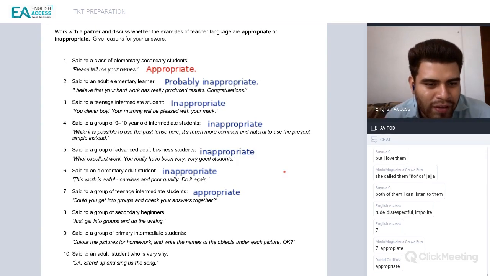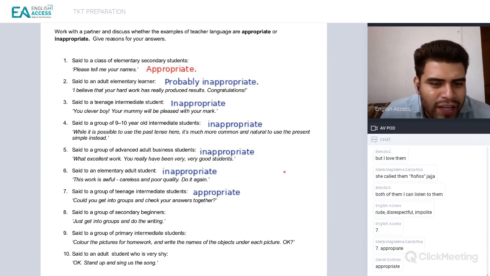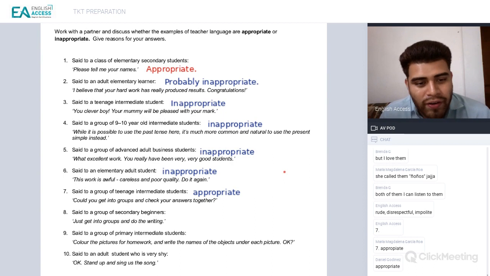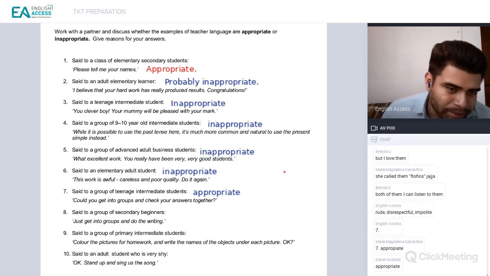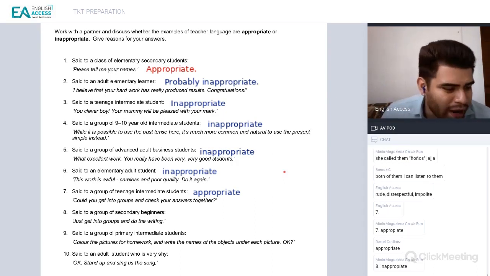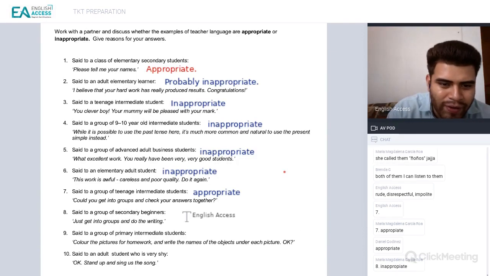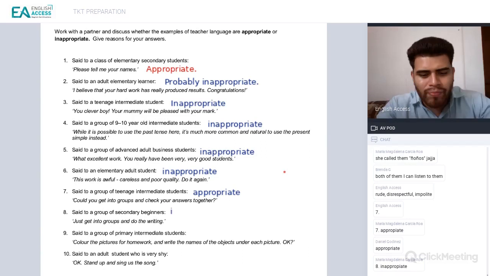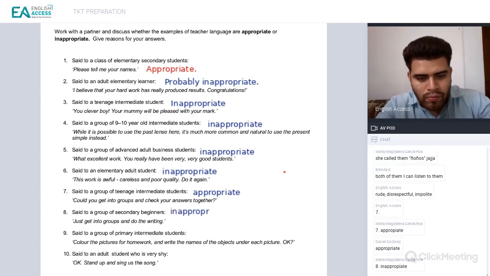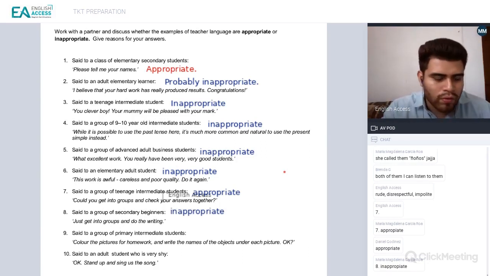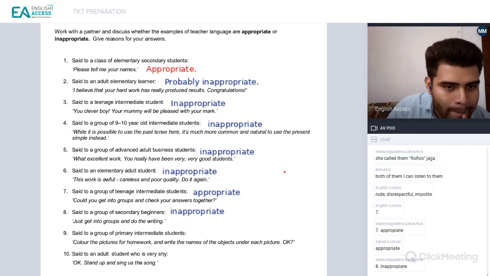Now, 8, said to a group of secondary beginners. Okay, so they're in secondary school and they are beginners. "Just get into groups and do the writing." Number 8 is inappropriate. Magdalena, why do you say it's inappropriate? Because they are beginners.